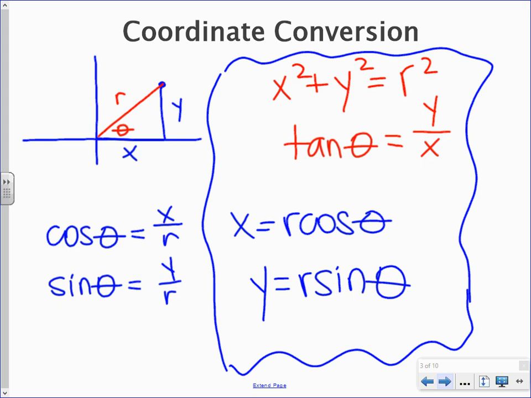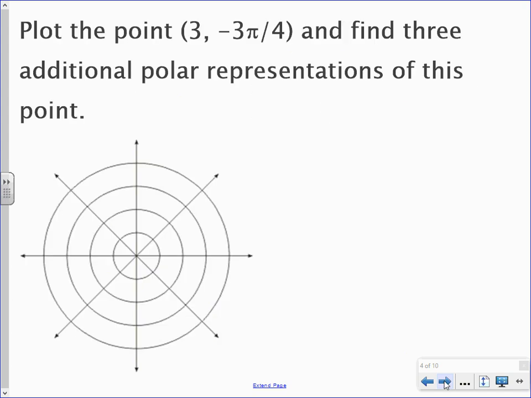Okay? Before we go to lunch, I want to plot a couple points. And so you have your graphs on the back of your paper that will help you. Okay? So I want to plot the coordinate 3, negative 3 pi over 4.